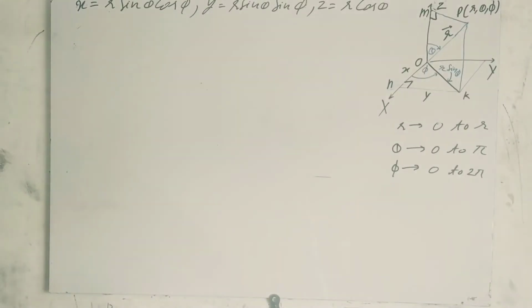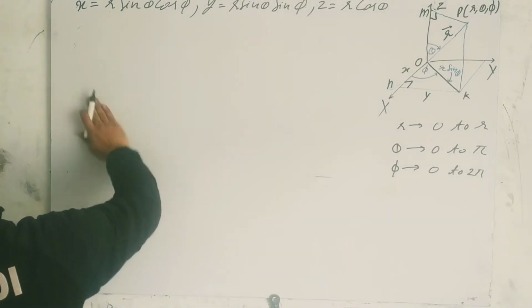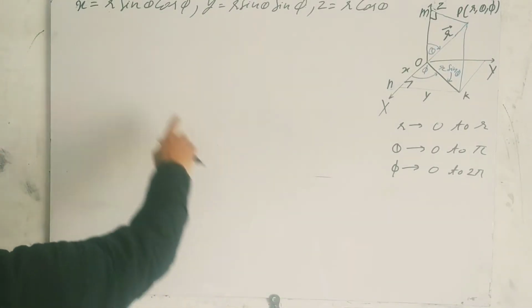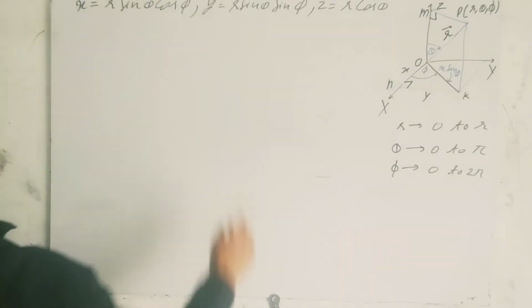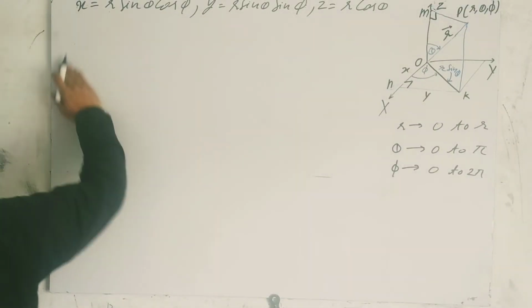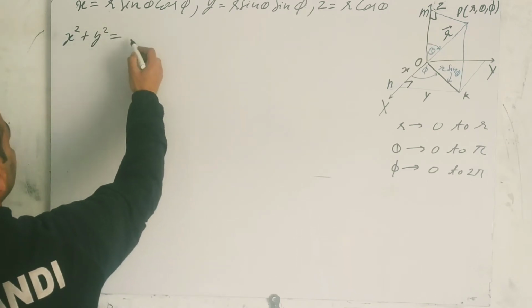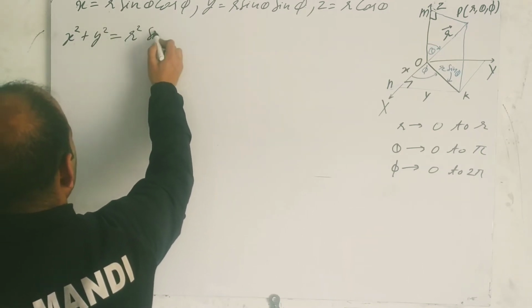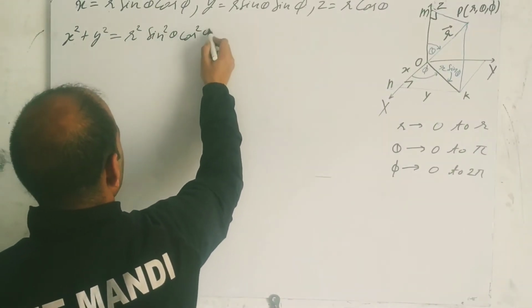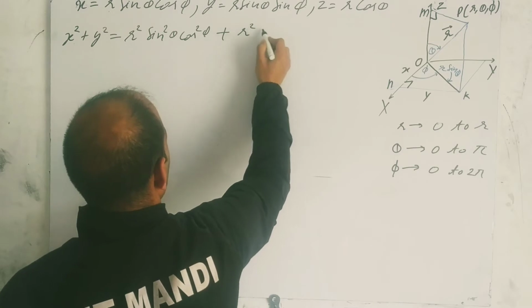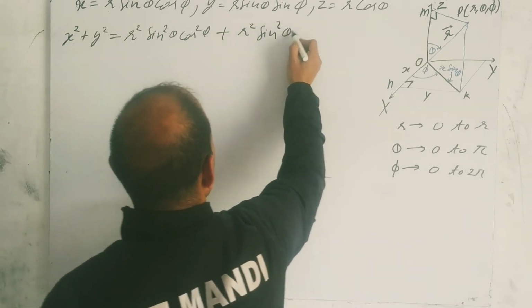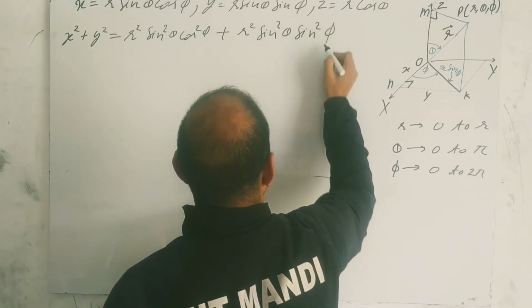So for that, first let us square and sum these terms. So that is going to be x square plus y square is equal to r square sin square theta cos square phi plus r square sin square theta sin square phi.